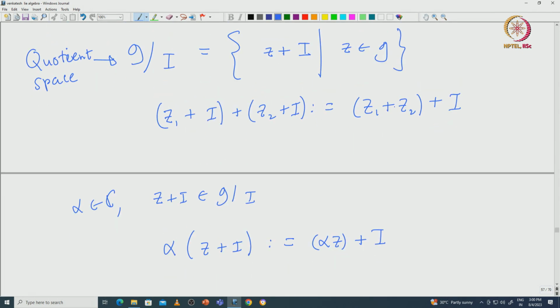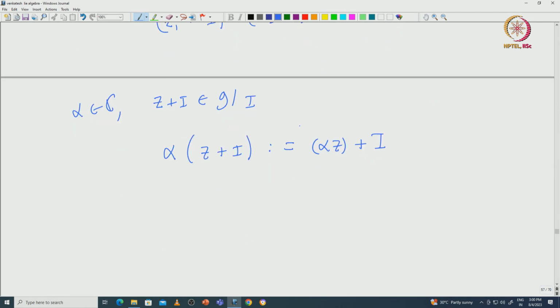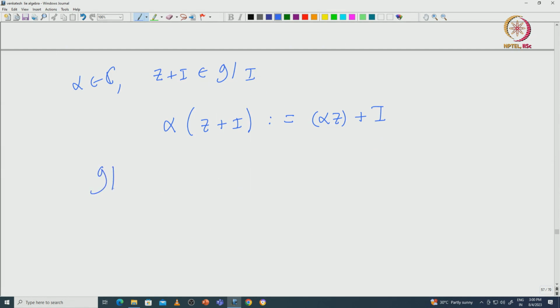I will leave it to you to check both of these are well defined operations on G modulo I, and then with respect to this addition and scalar multiplication, G modulo I becomes a vector space over complex numbers. So, that is something we know already.